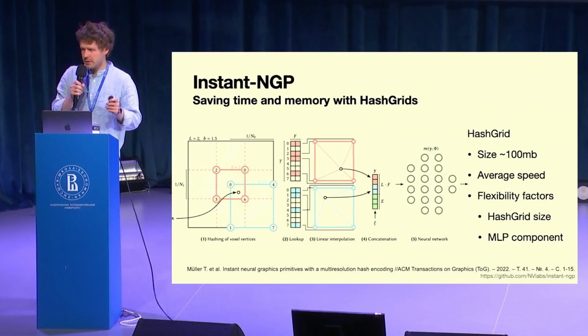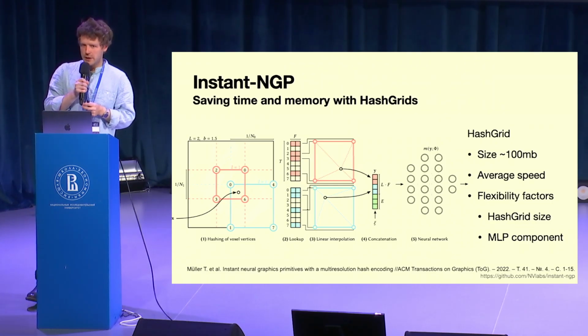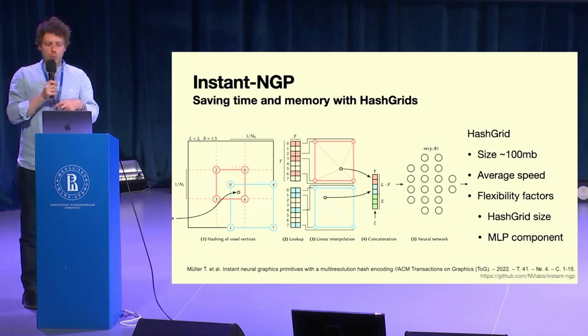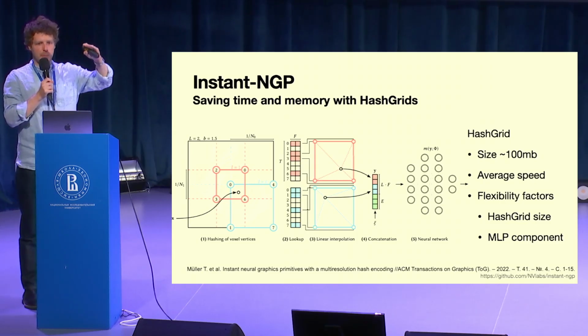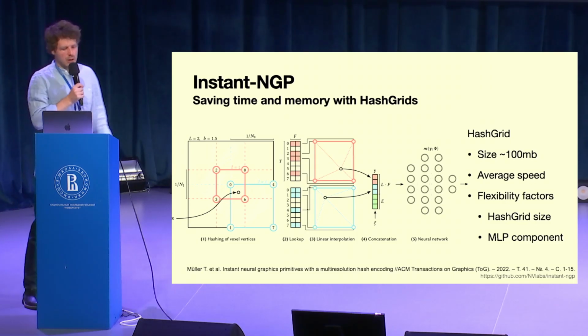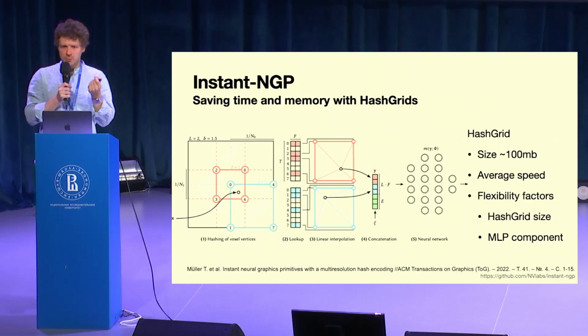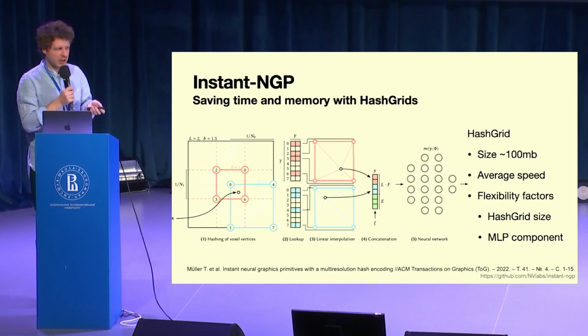A hash map that maps you from an index in a volumetric grid to a location in an array. And they propose to store an array of embeddings that represents not a single point in a volumetric grid, but all the points that have this exact hash.